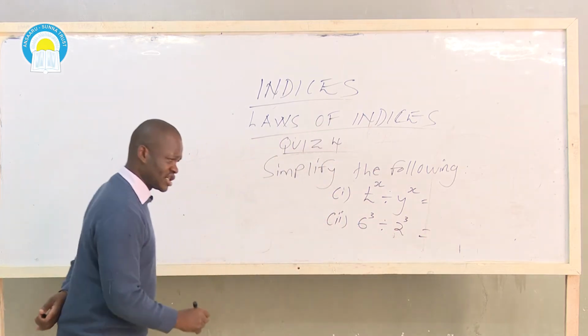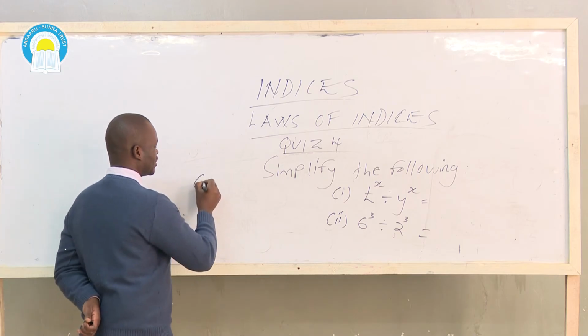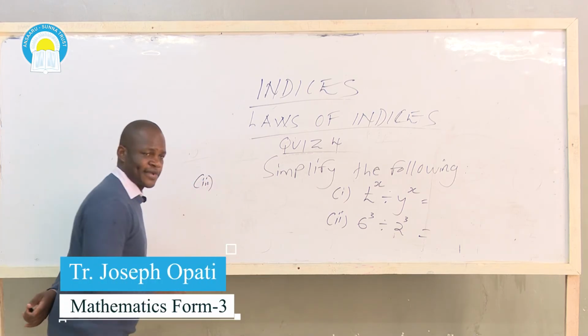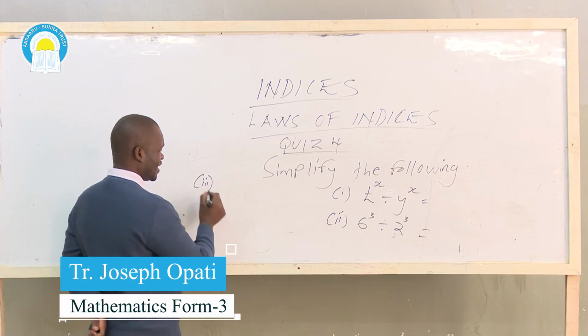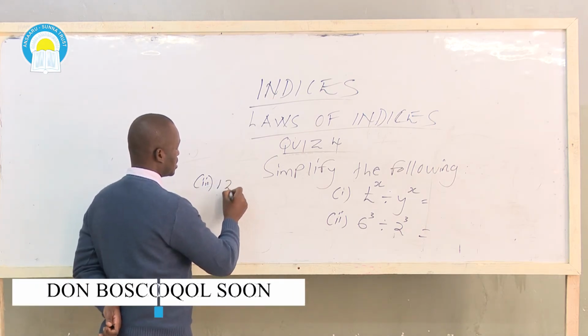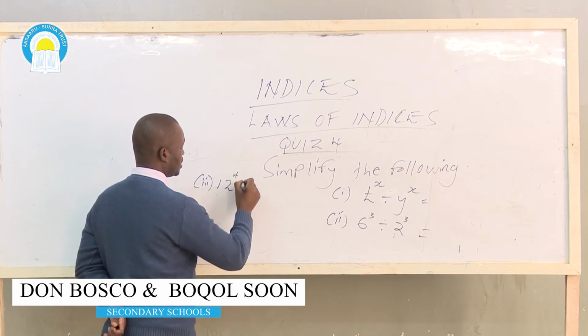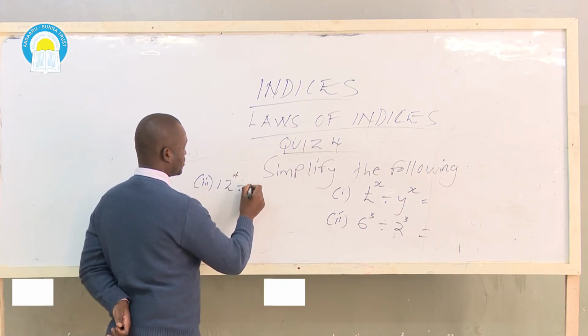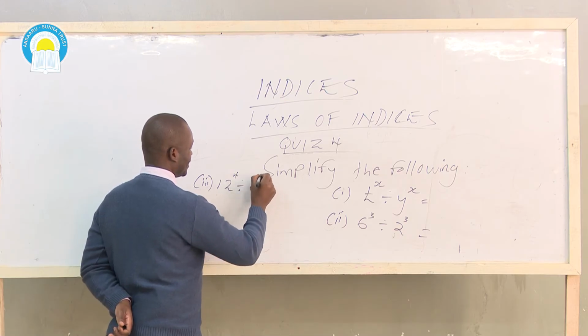So what shall we get? Of course, now in relation to this 4th law, then let me lastly have 12 power 4 divided by, of course, let me say 6 power 4.